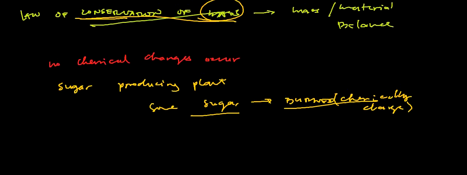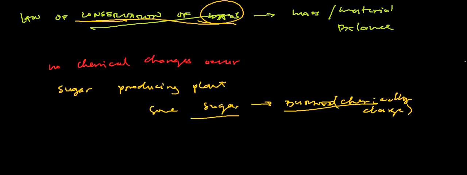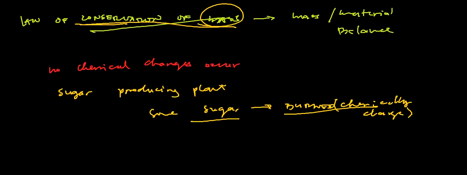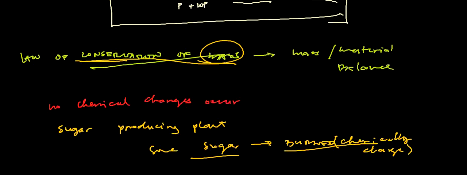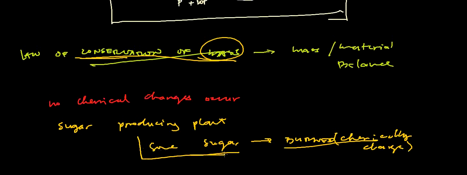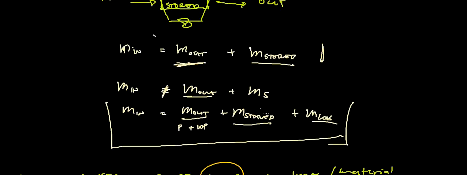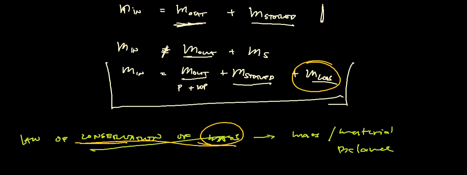In that case, in order for us to account for the unknown losses that need to be identified, we can account for this burned sugar using an additional losses term in our equation.